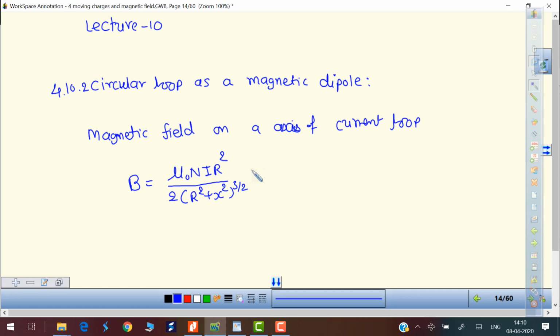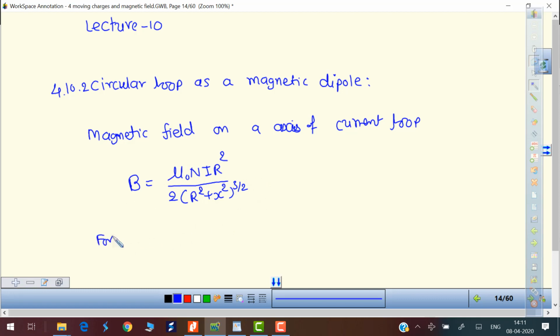For that, we start with this formula and we take large distance.